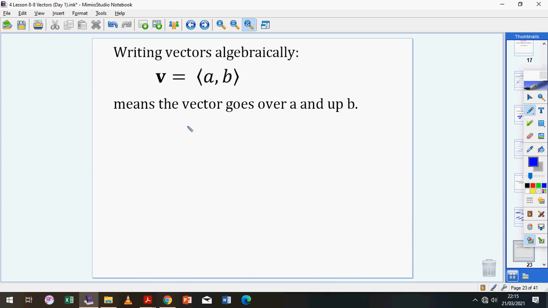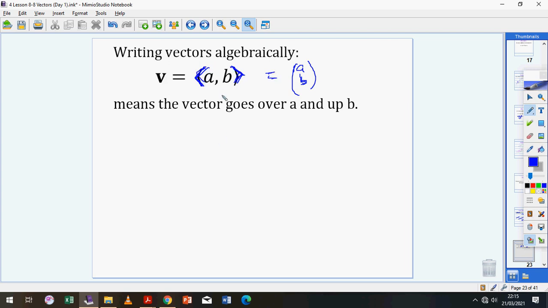Vectors can be written algebraically with these brackets. I don't know what we're going to call those special brackets. This is also the same way as writing them in column form, right? But maybe just so you're writing on one straight line, they're written using these interesting brackets.